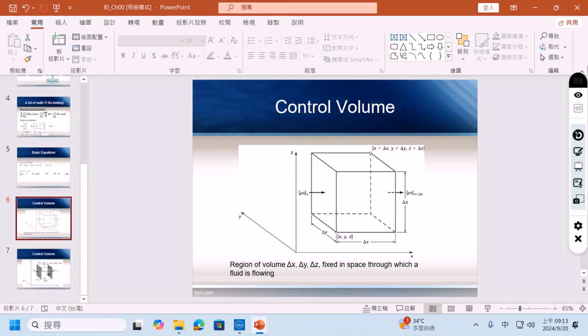Let me say the question again. Your classmate is asking that if this one equals 0, is it possible to be a compressible flow? Let me give you an example, okay?